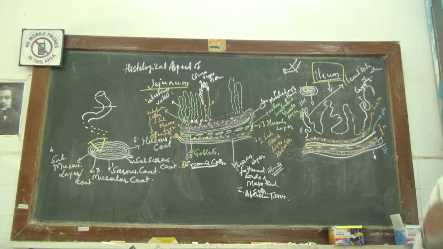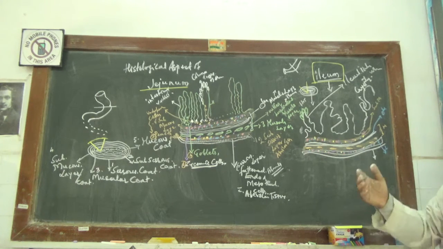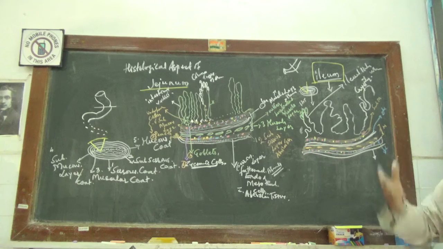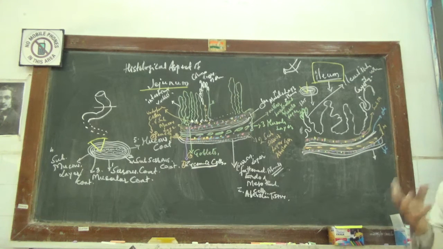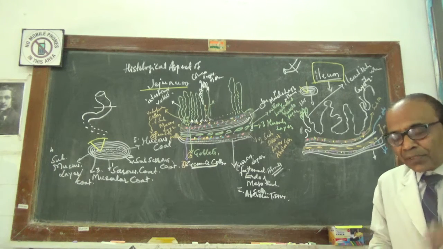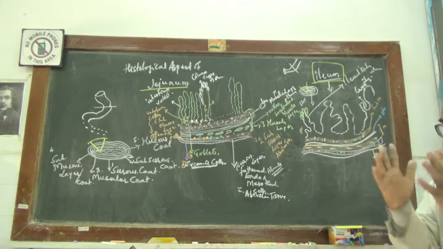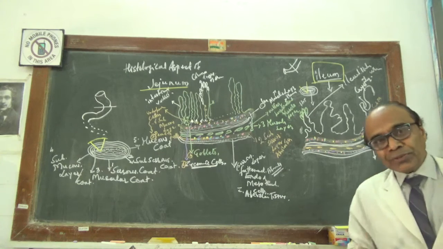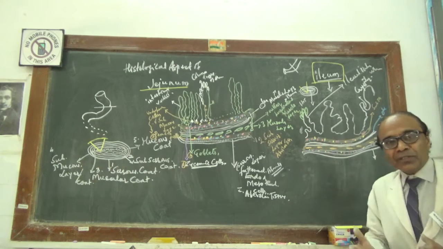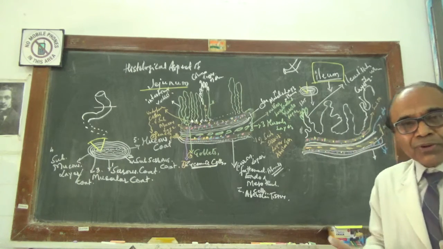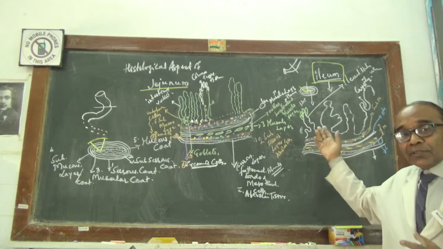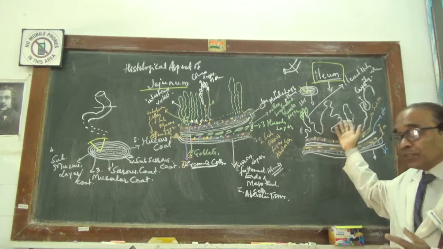Then coming to the thick wall of the jejunum, it is due to the mucosal folds, which are present in the ileum more, and they are packed in a very close arrangement, but here it becomes thinner and thinner, so there is a difference: it becomes thin, ileal villi.